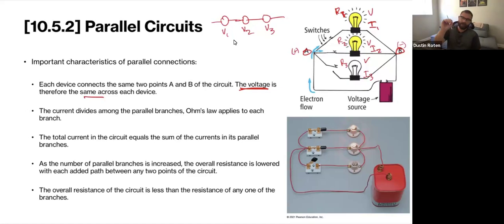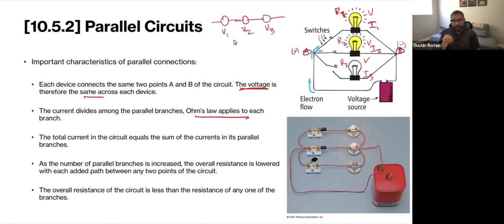So here we see that we can actually use the voltage as sort of like an anchor point, right? We know V for all three of these. Now we can start looking at the different individual resistances and different currents flowing through these circuits. So we can actually apply Ohm's law to each branch of this parallel circuit.